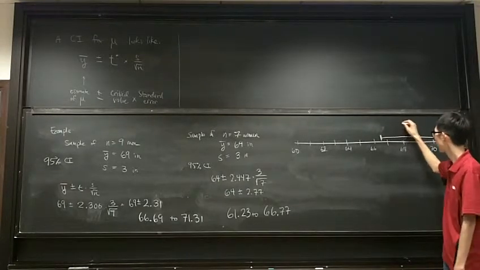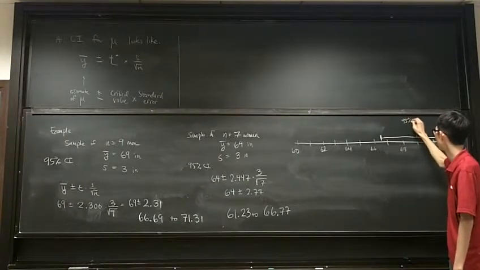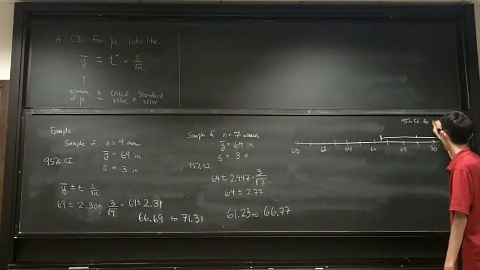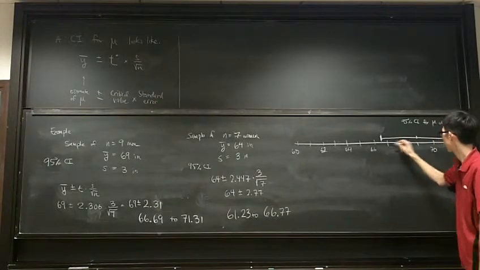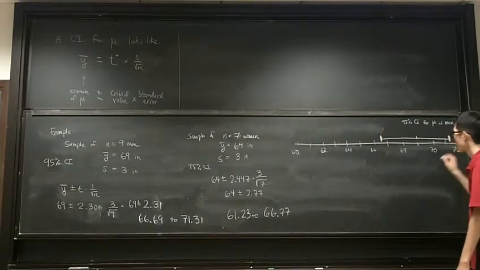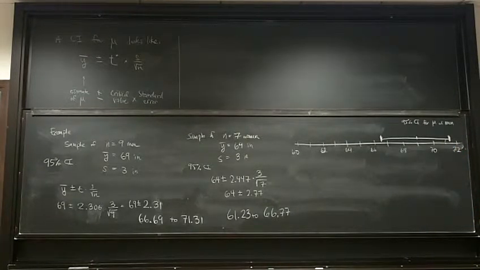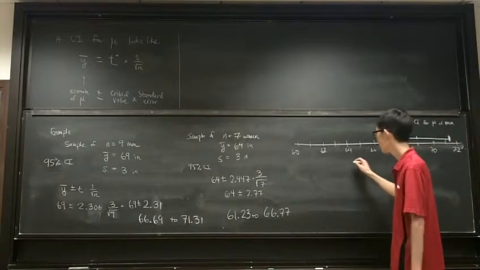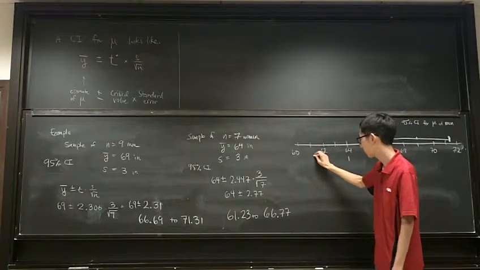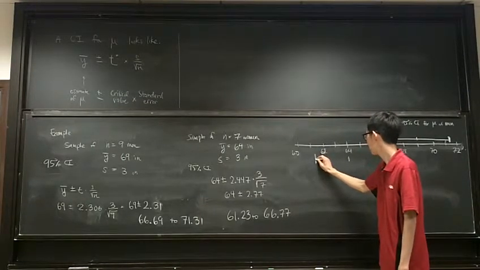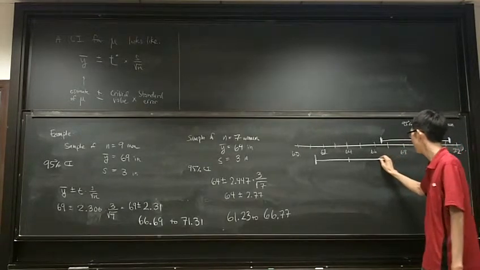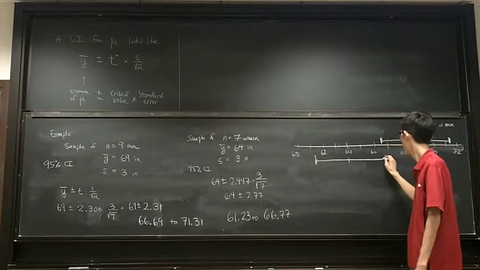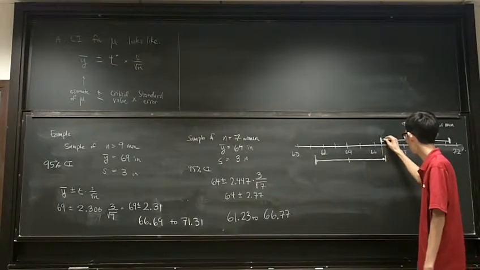This is my 95% confidence interval for mean height of men. And then I'm going to draw one for the mean height of women, which goes from 61.23 over to 66.77. So there's just a tiny bit of overlap here.